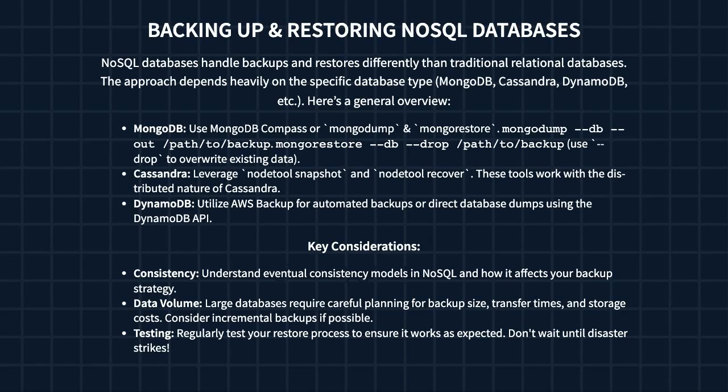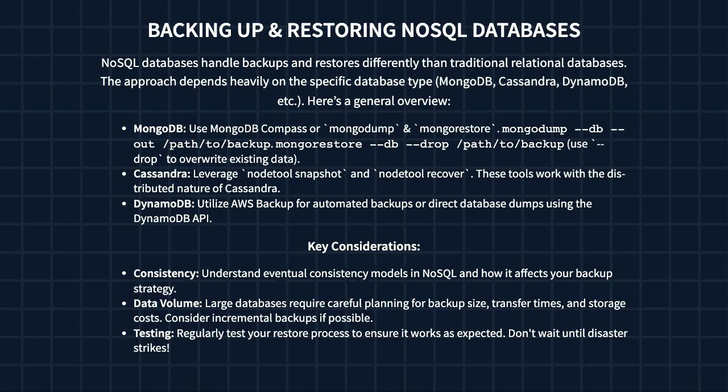NoSQL databases are a slightly different beast than traditional SQL databases. The method really depends on the specific type of NoSQL you're working with. For MongoDB, we often use tools like MongoDB Compass or mongodump to create snapshots, alongside mongorestore to bring them back. Cassandra utilizes tools like nodetool snapshot and nodetool refresh, designed for its distributed architecture.